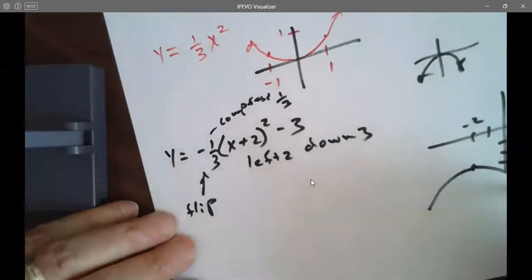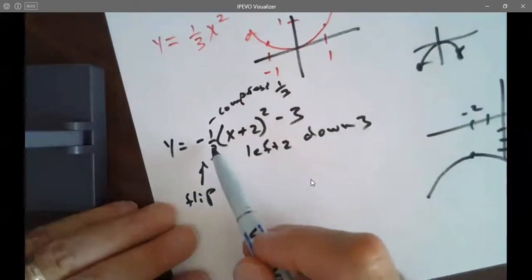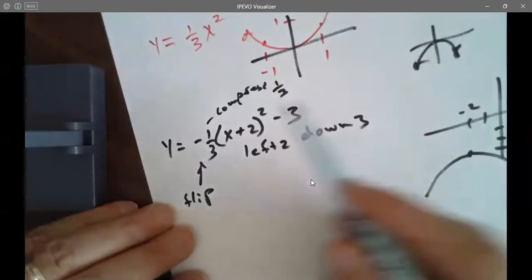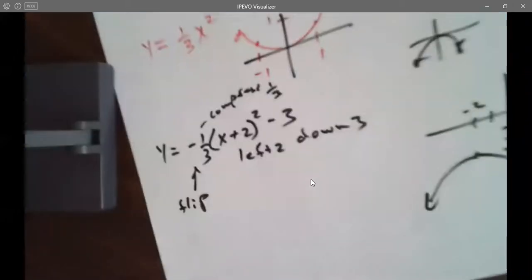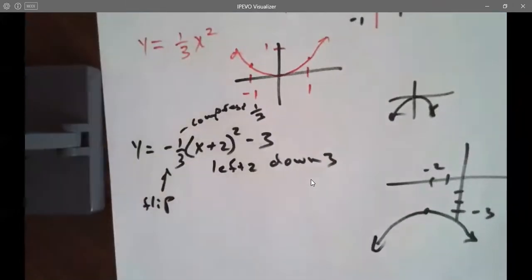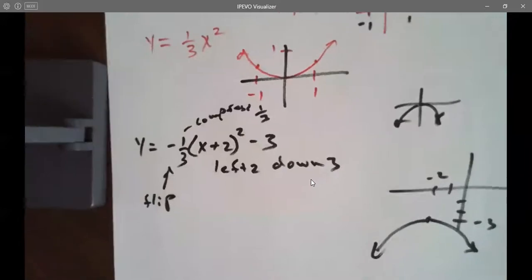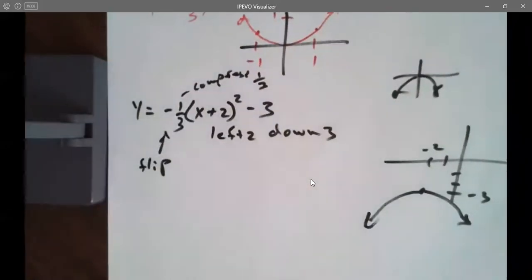All this number does is widen it out, but everything else is the same. So does that help? Yeah, that helps. Okay, good.